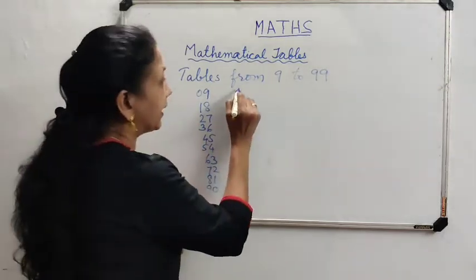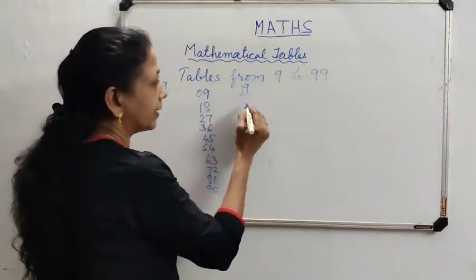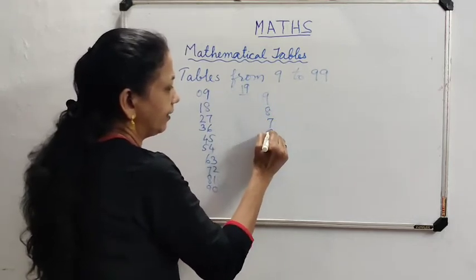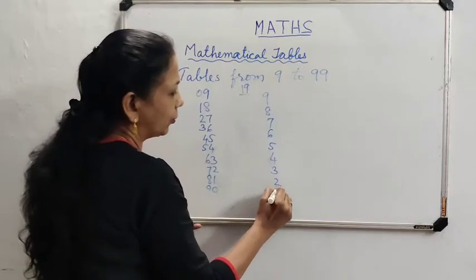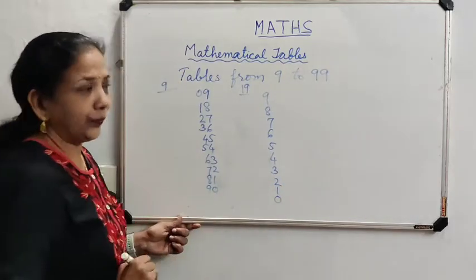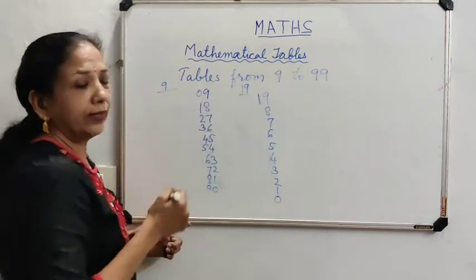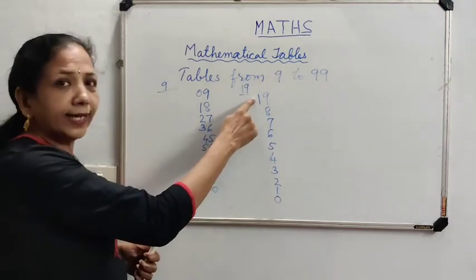Now 19. How to find the 19 table? For the 19 table also you have to write 9, 8, 7, 6, 5, 4, 3, 2, 1, 0. Here 1 is the tens place.